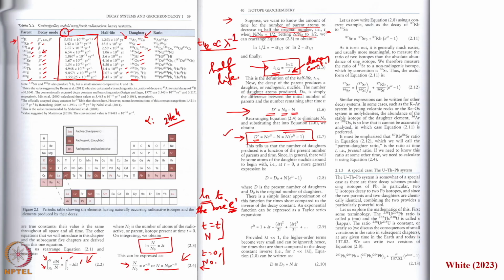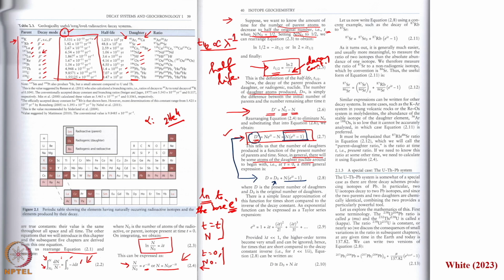While this is true, it is also true that in general there will be some atoms of the daughter nuclide to begin with at time t0. So, in this expression I only need to add D0 as the initial number of daughter nuclide. So, that will be equal to the D value.